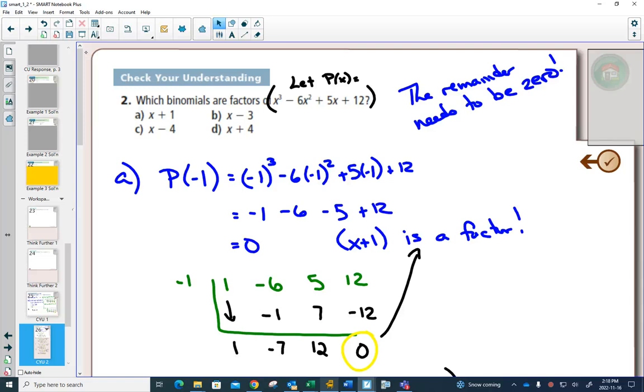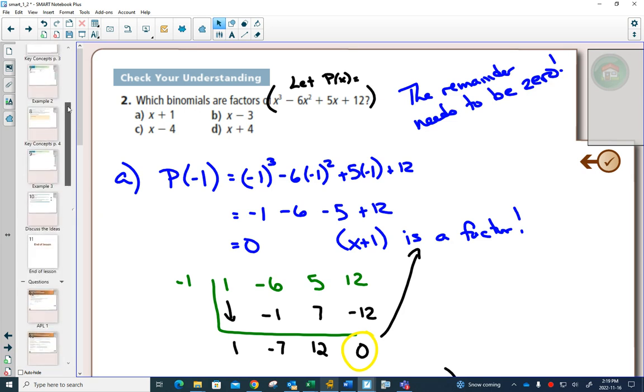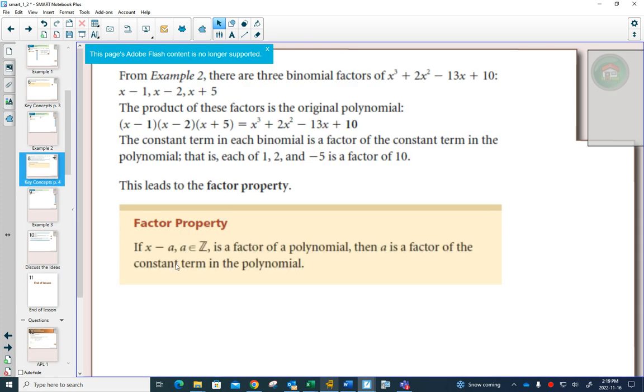Oh, it doesn't work out nicely. 7 doesn't work out nicely. 6 wouldn't be bad, because it could be 6, 2, and 1. I could have one where that works. But we're always going to have this last one work out. And this is what it says at the bottom of your page. So if we look at the bottom of the page, at the factor property, the factor has to divide that constant term.